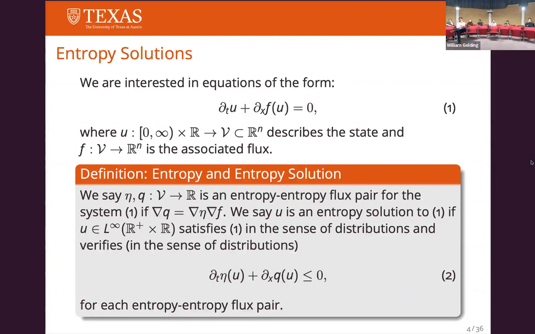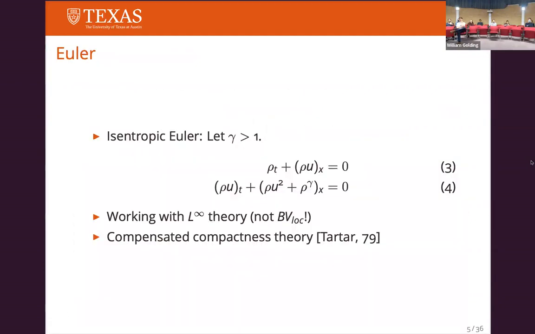In one dimension, saying that this gradient has a potential is just saying I can integrate a thing. So if I have a scalar equation, I have tons of entropies. But in general, for conservation laws, when I have a system, I might have exactly one entropy. So when I say I get extra information from this, I might get exactly one additional inequality to work with. So you really care about going both directions, but you pick one to work with, essentially. And what I'm working with today is systems.